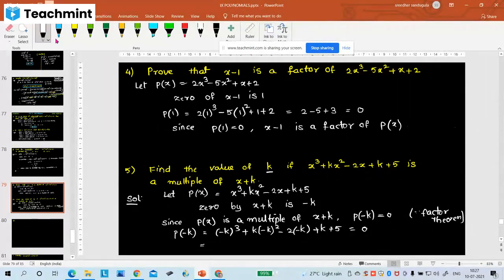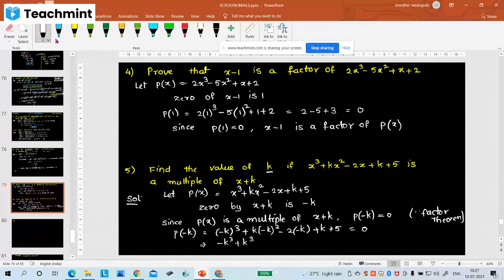So P of minus k equals 0. Now simplify this. Minus k whole cube gives minus k cube. Then plus into minus k whole square, you will get k square into k, which is plus k cube. Here you have to be very careful, children. Don't multiply plus into minus first, because this is the exponent.